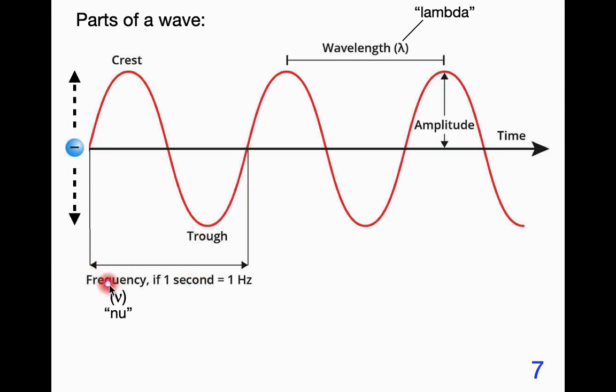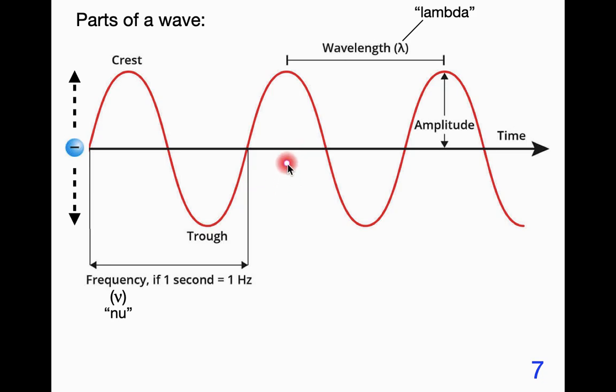The frequency of a wave is how often a wave passes a given point over a given amount of time. There is a unit that we use for frequency called the hertz, which is 1 wave per second. So imagine that these waves are traveling across here, and if I was to count the waves as they pass, let's say this point right here, let's say if I had 1 wave pass in a second, well then we would say that the frequency is 1 hertz.